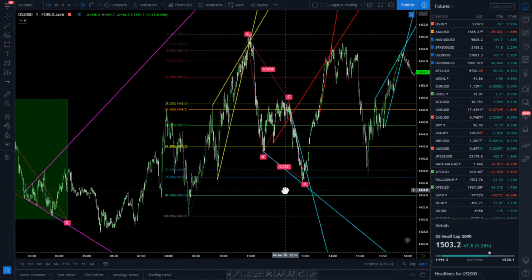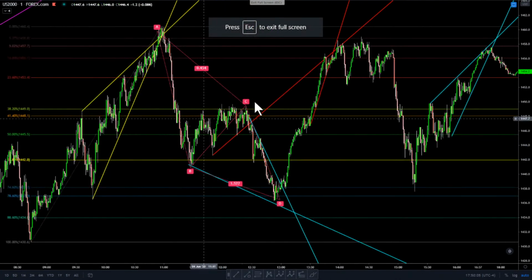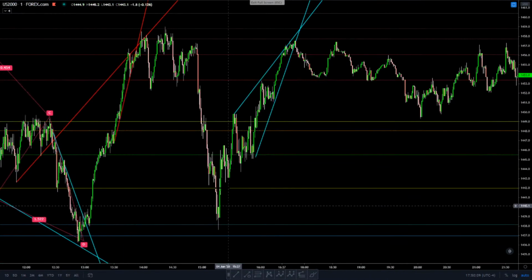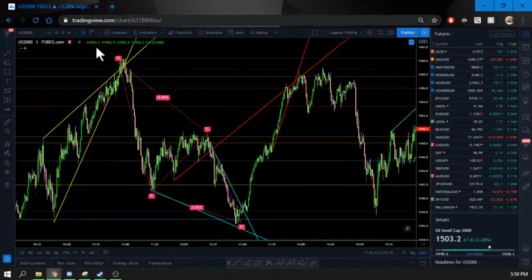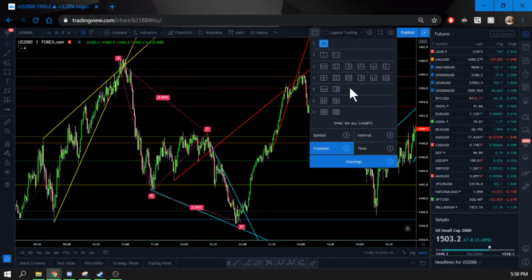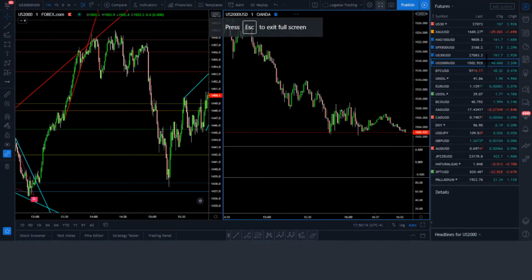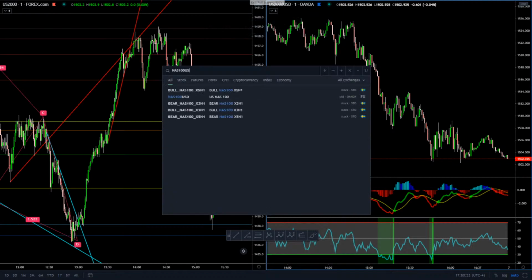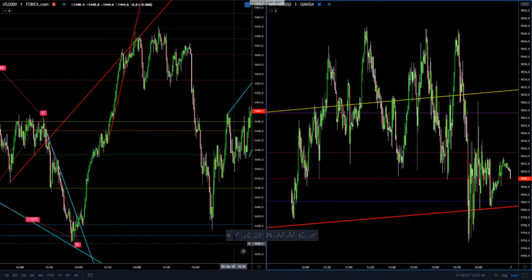But this is basically what we use to hedge against the Nasdaq. So if for instance we have a core position short in the Nasdaq, which would be, let's get them both open here. So we got our Nasdaq open there.